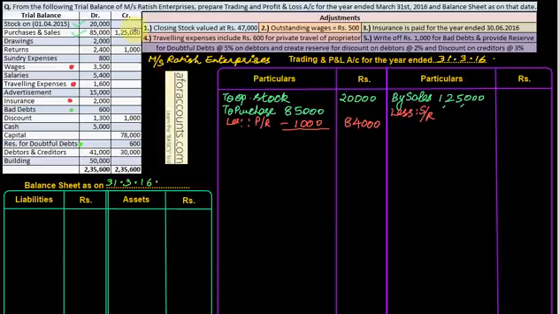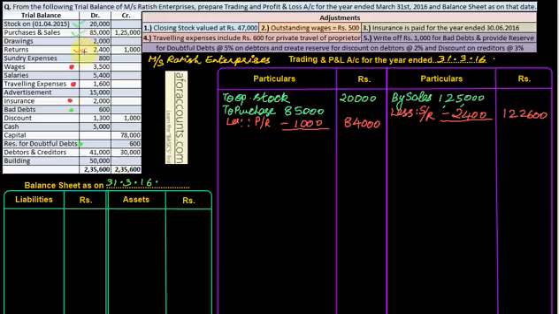Sales is your credit balance, so return will have a debit balance. So less 2,400. So 1,25,000 minus 2,400 comes up to 1,22,600.